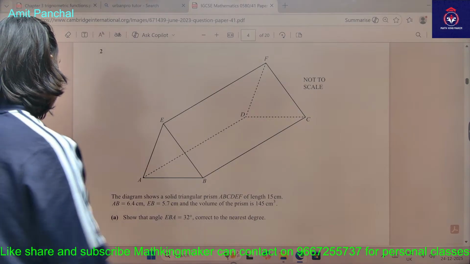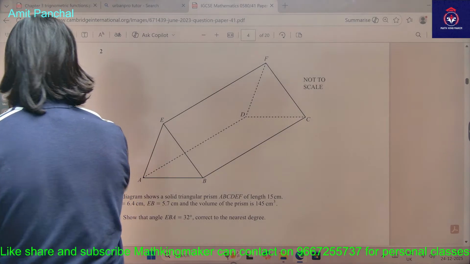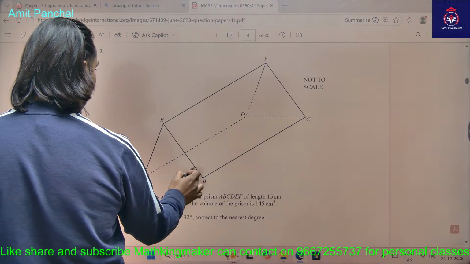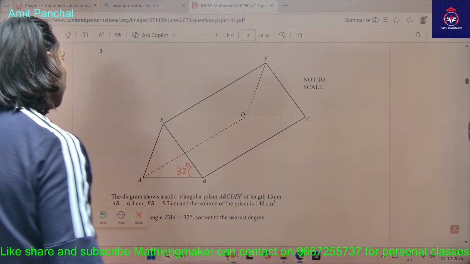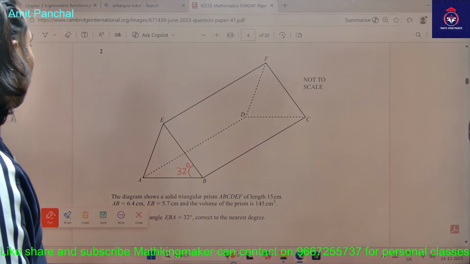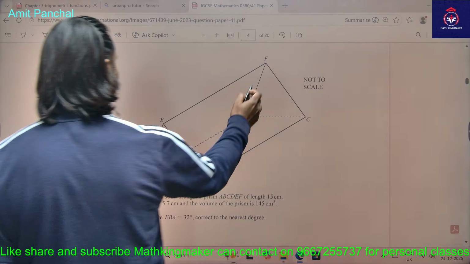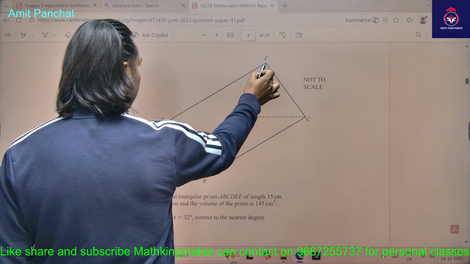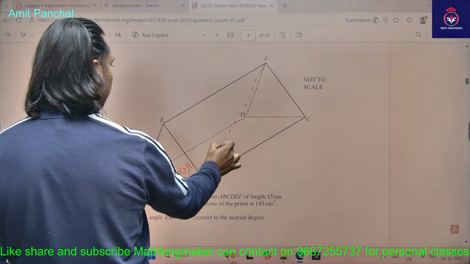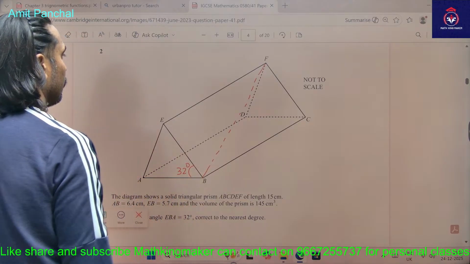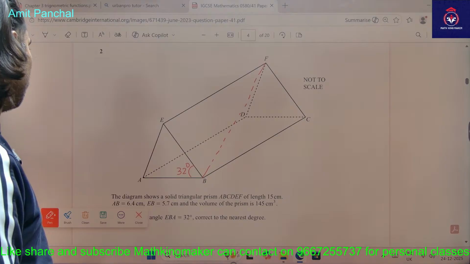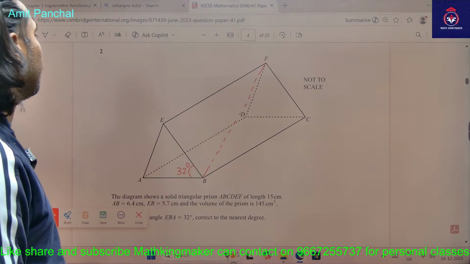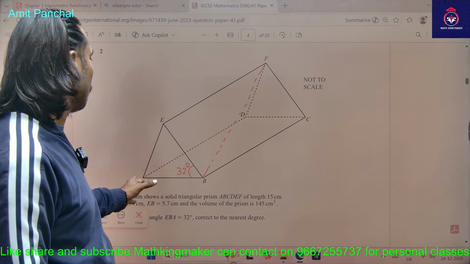This EBA is 32 degrees, and if we join B and F, actually he is asking about the angle made with the base.